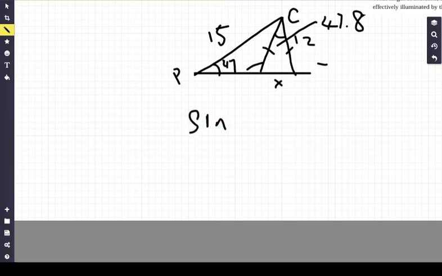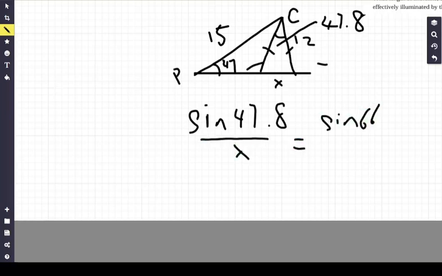Sine of 47.8 over x is equal to sine of 66.1 over 12. Let's go ahead and find that. So sine 47.8 degrees multiplied by 12 divided by sine of 66.1 degrees.